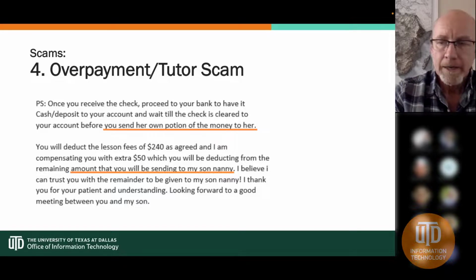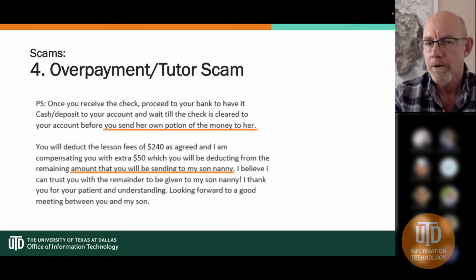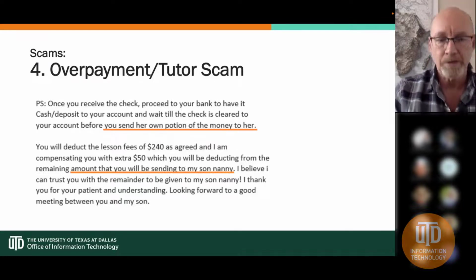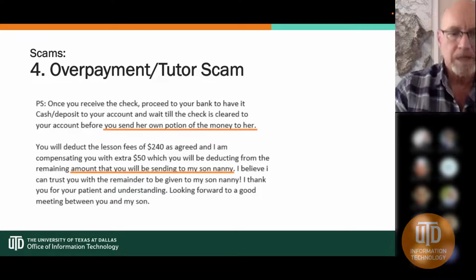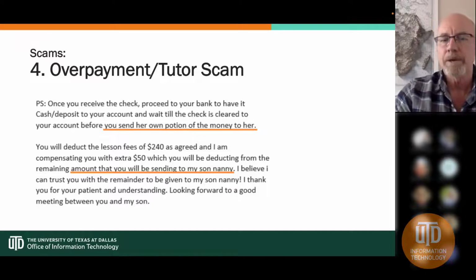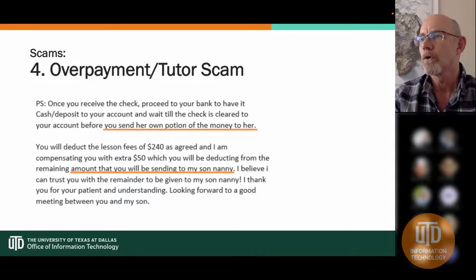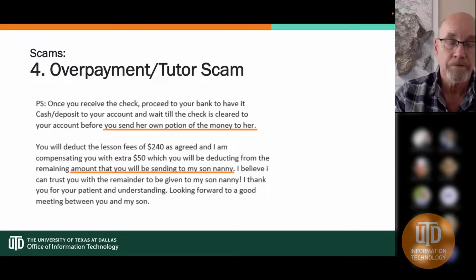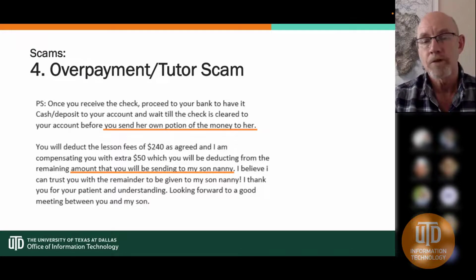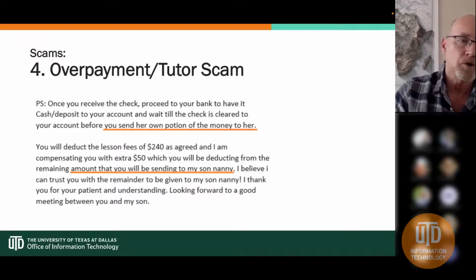And again, they use little psychological tricks like, I'm compensating you with an extra $50, and so on. Anything to make you believe them. So that's the overpayment scam. They can do it by pretending to want you to be a tutor, or it can be buying stuff that you've advertised for sale on social media.